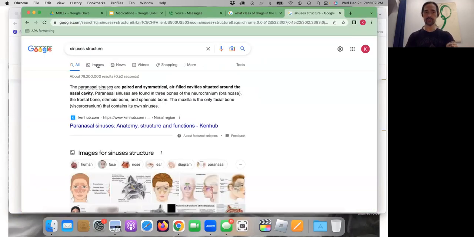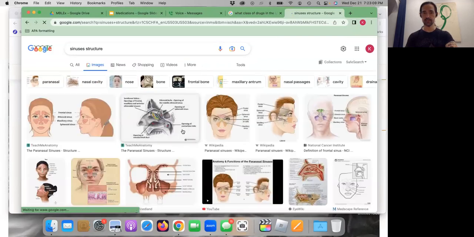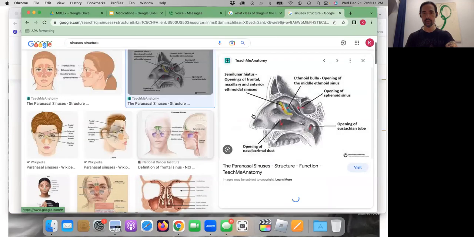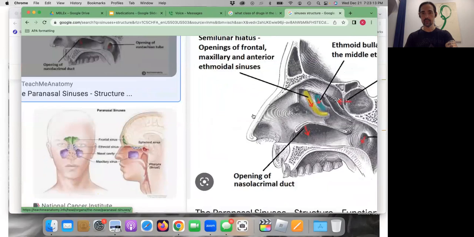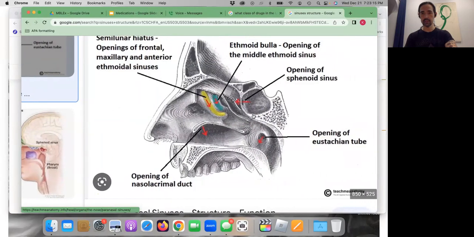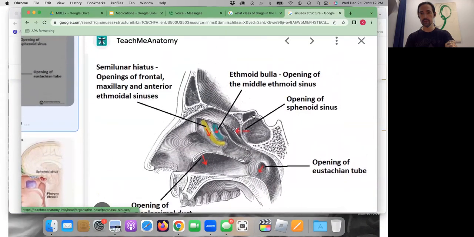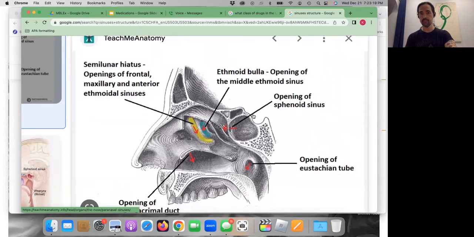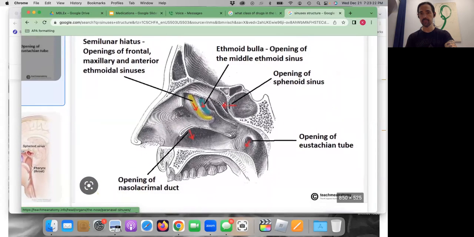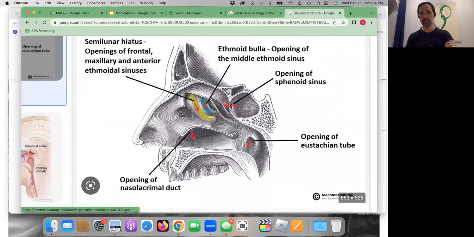I think we need to look at the structure of the sinuses. So here we go. Okay, here's a sinus right here. And then there's these openings, right?